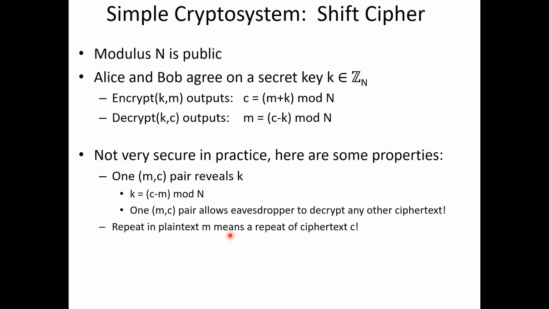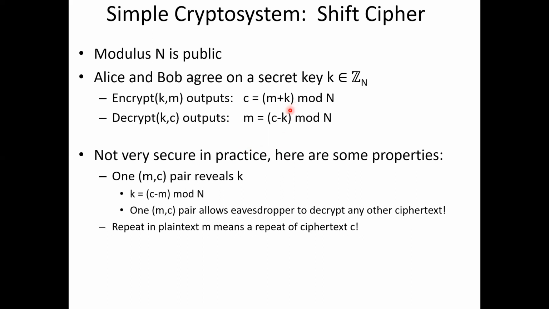Repeat in plaintext also means repeat in ciphertext. So if you encrypt this way, then the same plaintext M will always be encrypted the same way. So if you apply it to encryption of text, like these ASCII symbols, and you simply encode every digit, let's say the modulus is 128, so the modulus matches the ASCII encoding.